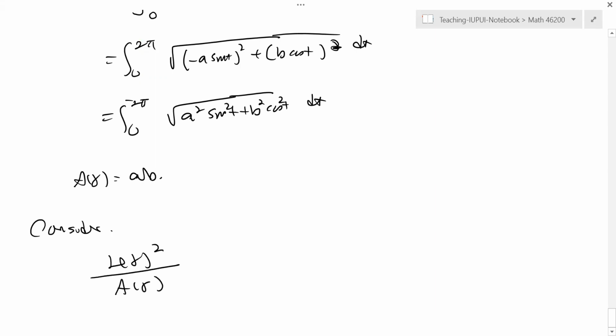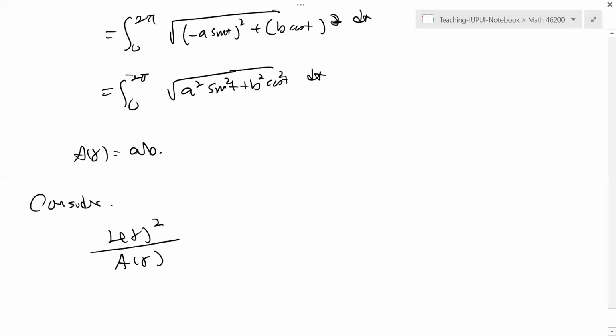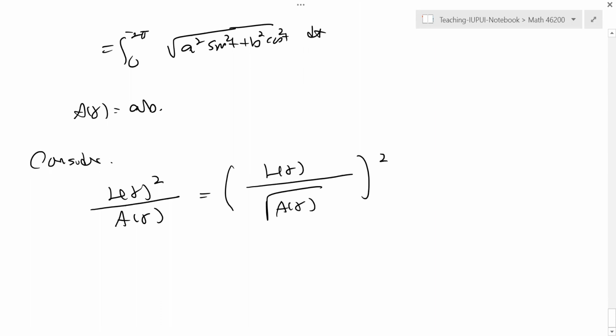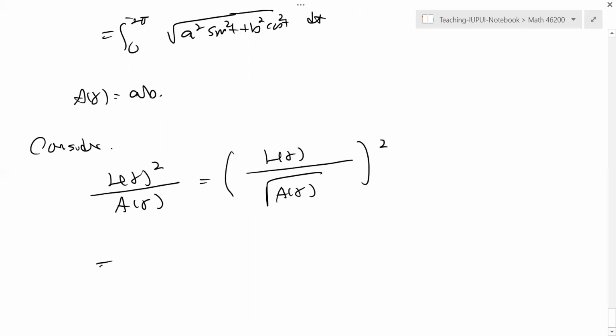What are the possible values of this ratio? You can also consider the square of the length divided by the area. In other words, you are going to consider this ratio, with the square of the length over the area.